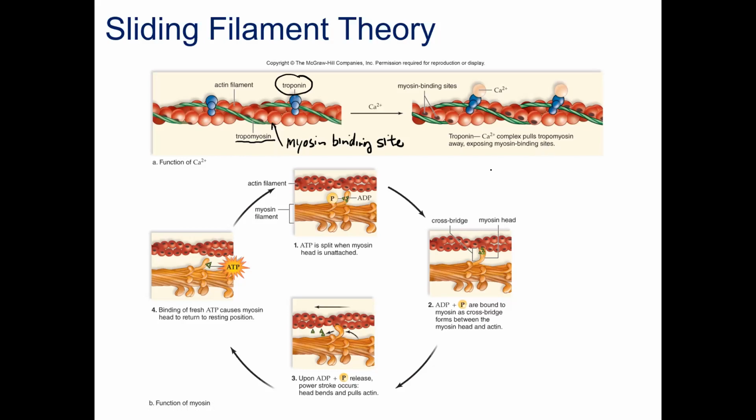So let me write all these down for you, and hopefully it'll make sense. Myosin binding sites located on actin are covered by tropomyosin, the green stuff here.